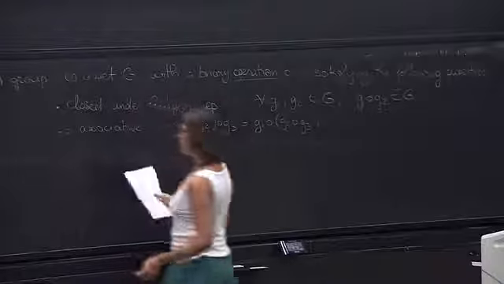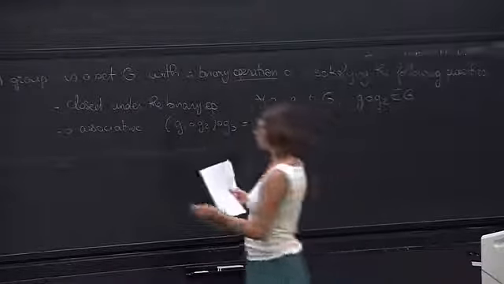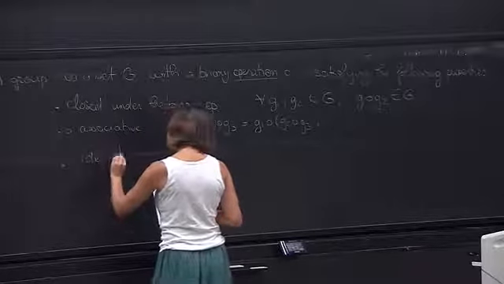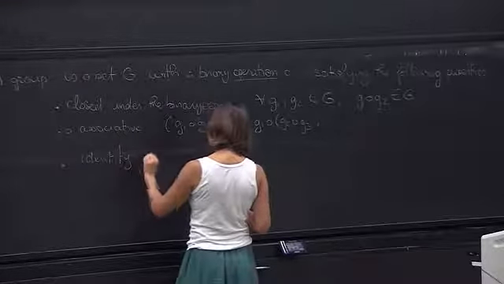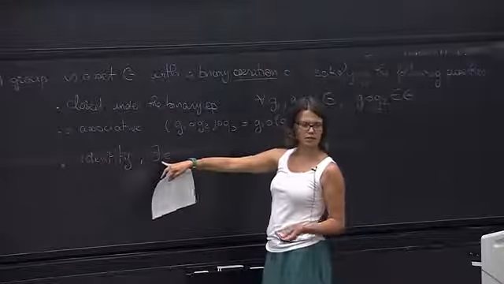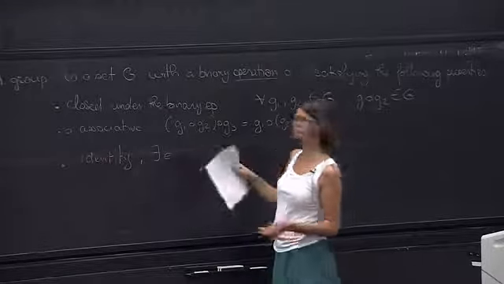Then the group has an identity. So this means you have an identity element. So this means it exists. Is everyone familiar with this kind of symbols? Yeah, sure. Okay, great.